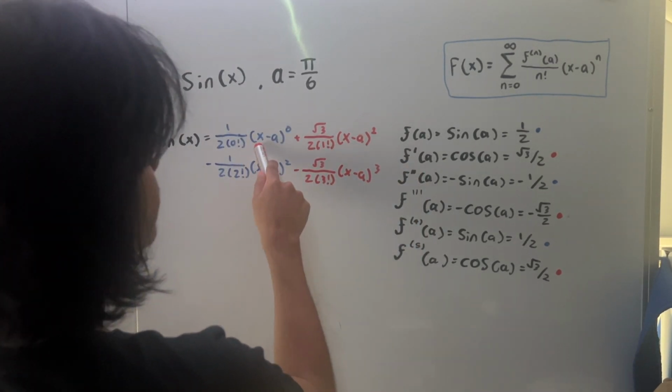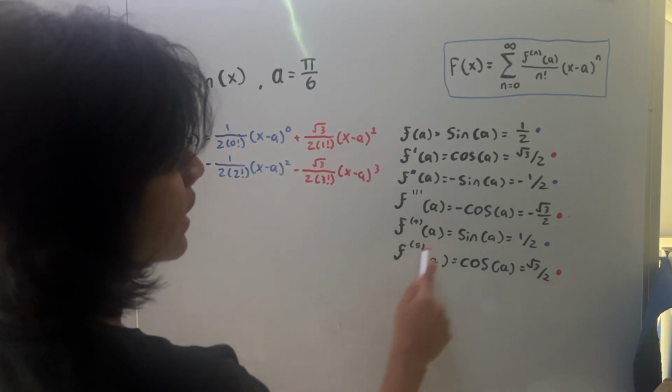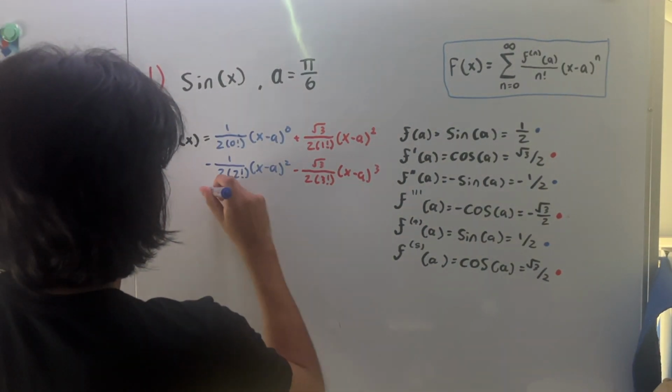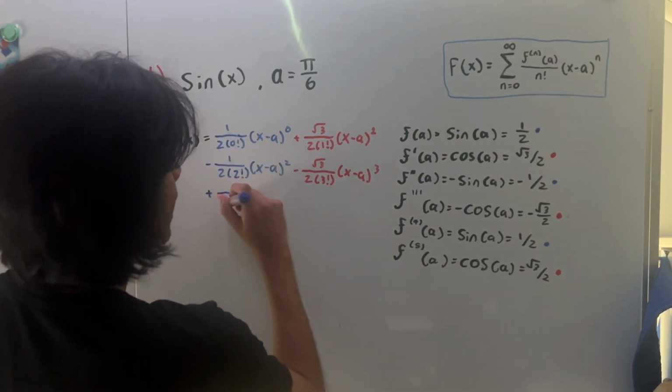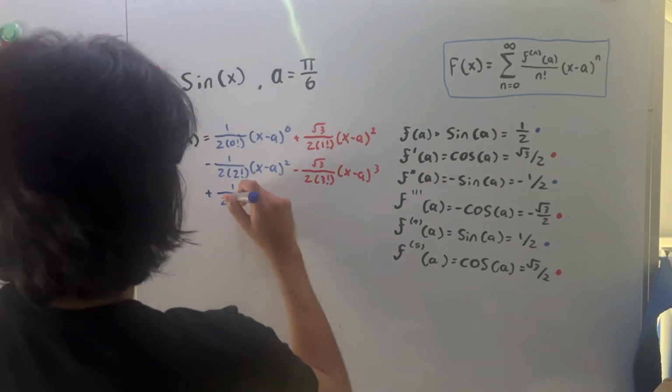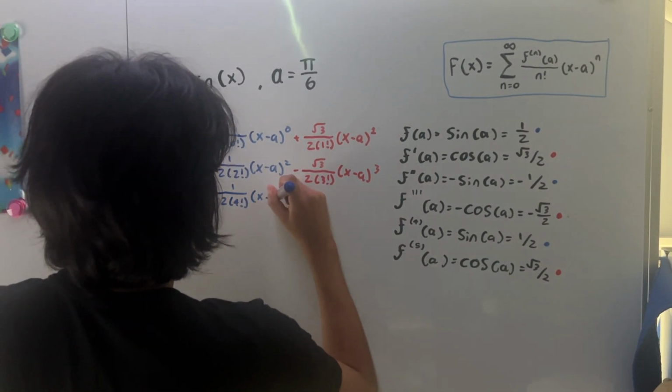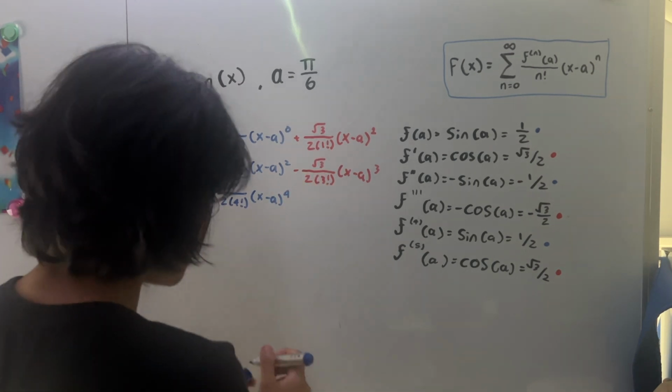So now we have n equals 0, 1, 2, 3. And now when n is equal to 4, we go back to the 1/2 term. So we get plus 1/2. And now here we're going to have 4 factorial. So x minus a to the 4th power.